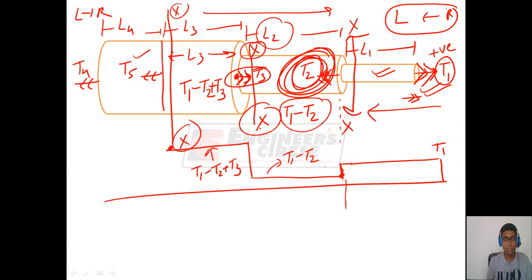Now since there is a change in loading at cross section XX, that is a new torque T5 has come, choose another cross section XX here, just before the application of the new torque.